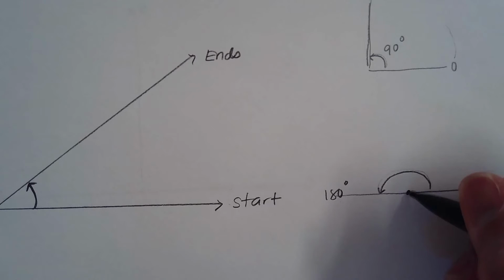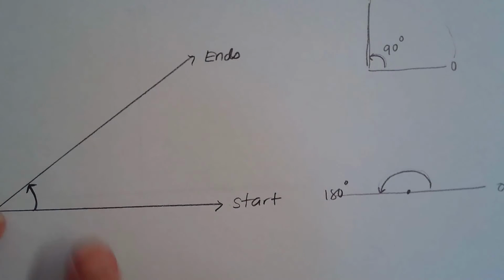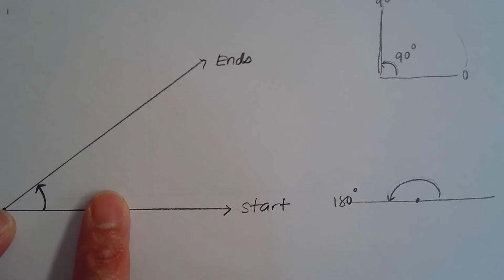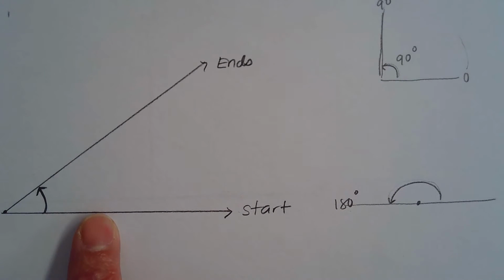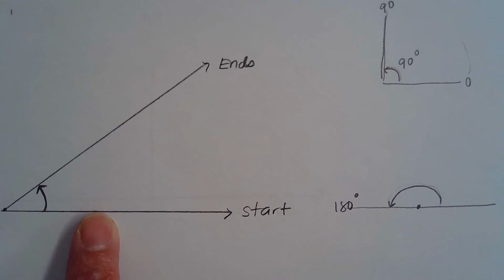Anybody want to guess 20? Do you think this is about 20 degrees? 35. You're thinking it's 35? Okay. Anybody thinking maybe this is 20? Is 20 kind of a reasonable guess?